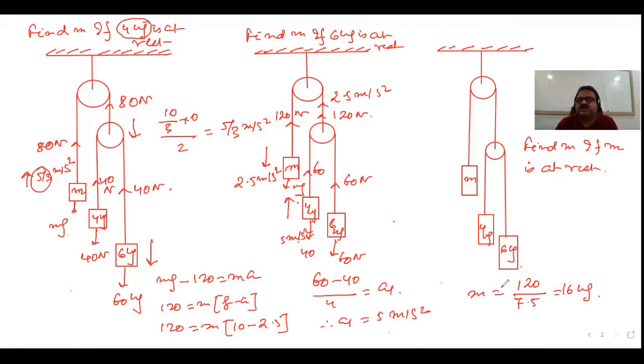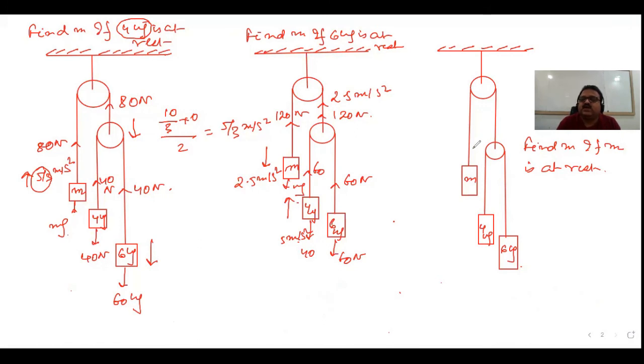So now using the same method, let's solve the last problem. What will be the mass of m if m is at rest? Now if m is at rest, that means upward force is equal to downward force. This is mg, and this should be mg by 2.